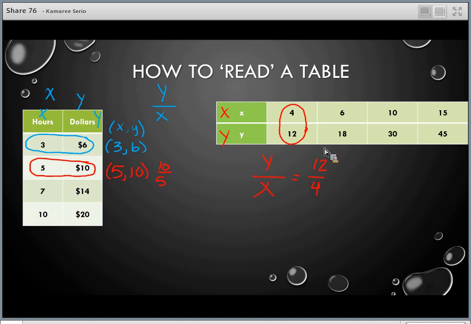Okay, this is the most common mistake that I see students make. So make sure that you remember it's always Y over X, and when you have a table like this, it's flipped from what you see. Okay, we'll do problems and examples with it, so it won't be the only time you see it, but just always remember it's Y over X. Remember, X always comes first.